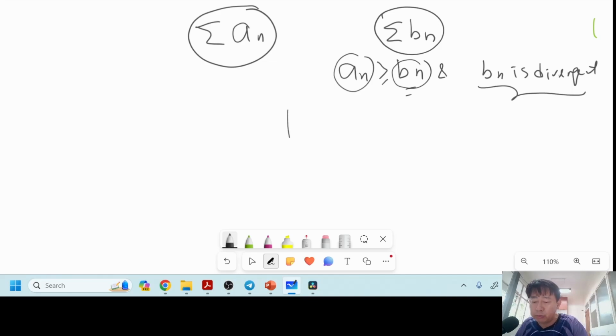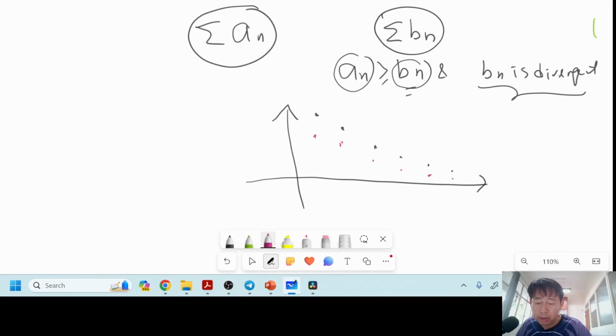You can try to represent these situations by plotting both series on the graph. So in this case, you have an An term which is sitting on top of another series Bn, where the Bn point is below or equal to the corresponding An.